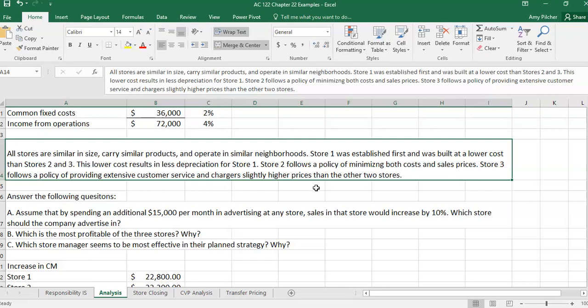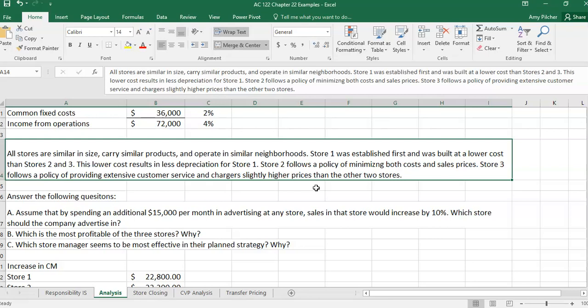That's not really a strategy, that's just what they have. Store 2, however, follows a policy of minimizing both costs and sales prices. So they work really hard to control their prices and their costs. But store 3 follows a policy of providing extensive customer service, and they charge higher prices than the other 2 stores.